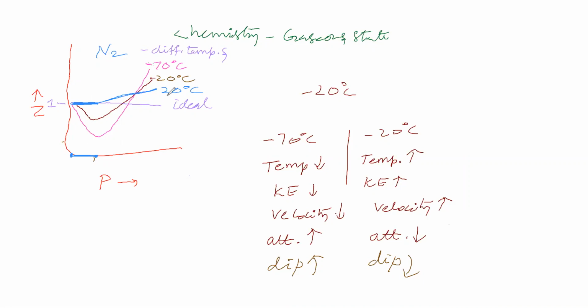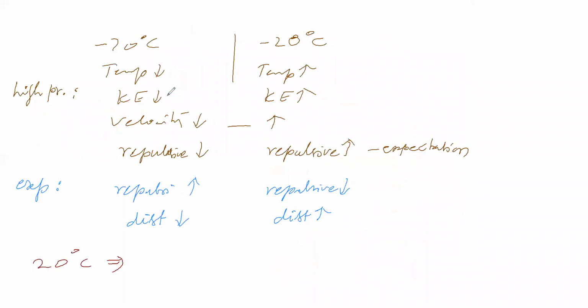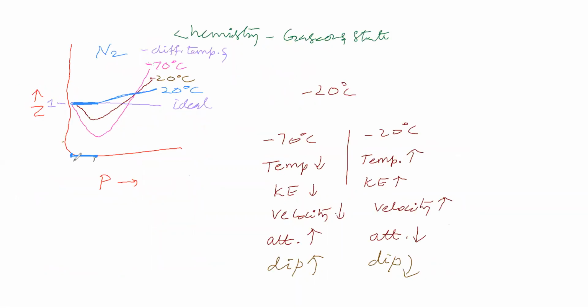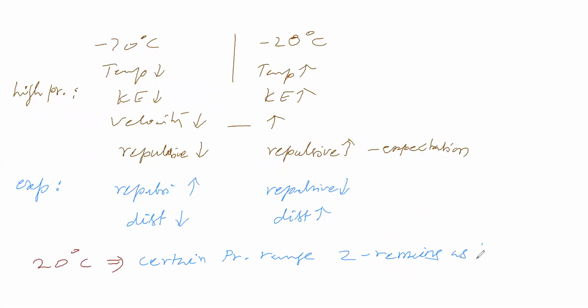So how is the Z value, you think? When the temperature is 20 degrees Celsius, for a certain pressure range, what does Z remain as? At this pressure range, Z remains as 1.